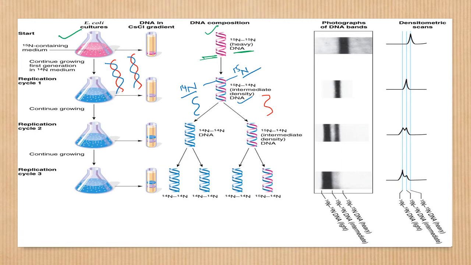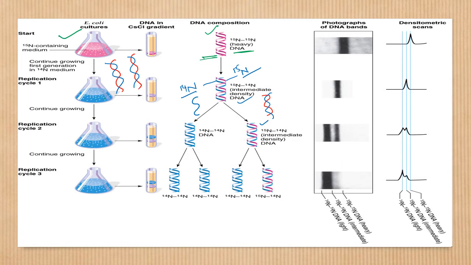That's why for this DNA, the nitrogen will be light nitrogen only. Again it is hybrid. Why do we call it hybrid? Because one strand is N15 and the other strand is N14. That's why it is hybrid.